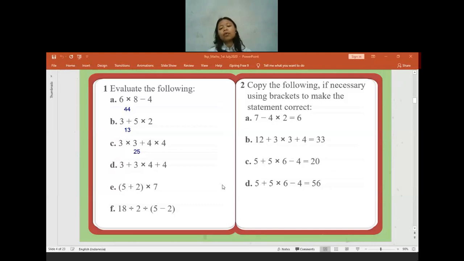It's taken from your textbook, page 28. That's why please open your textbook. If my screen is not visible, you can open your textbook and later you can discuss everything together. You can write everything from our discussion in your textbook. So for question D, anyone want to help me? What is the answer to question D?